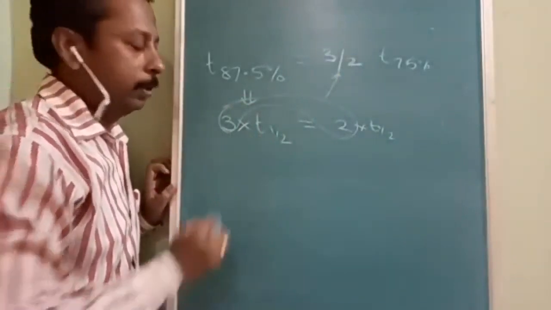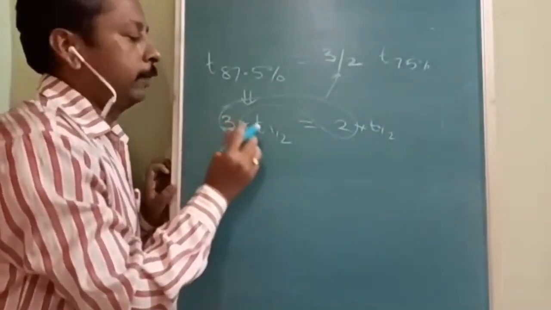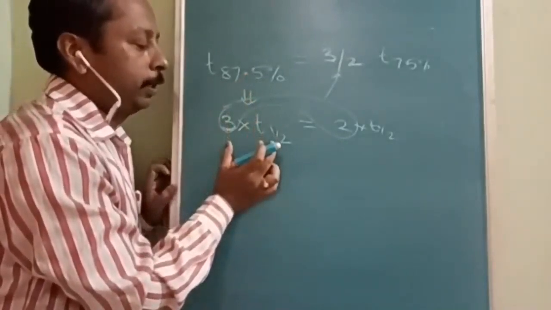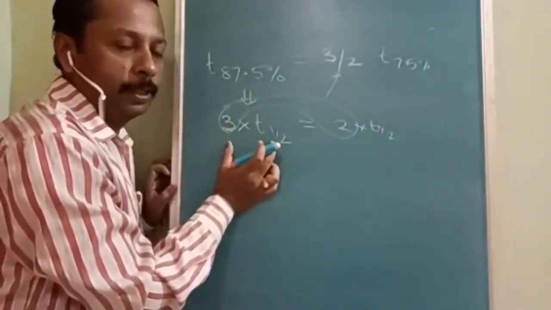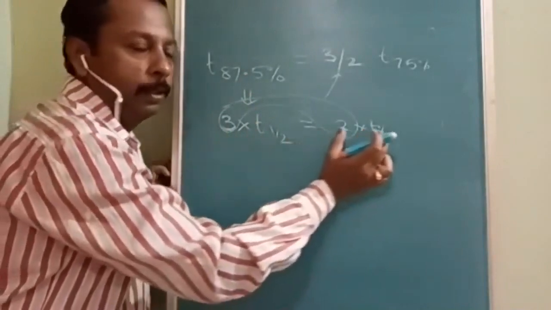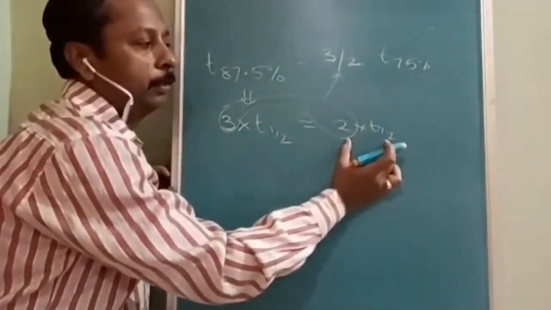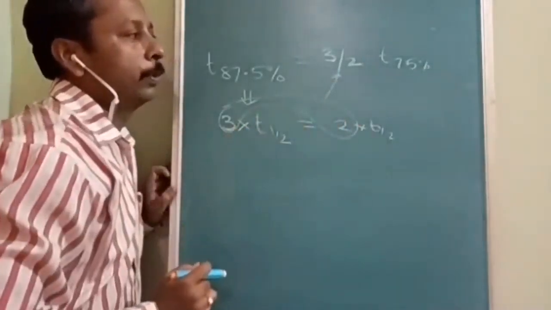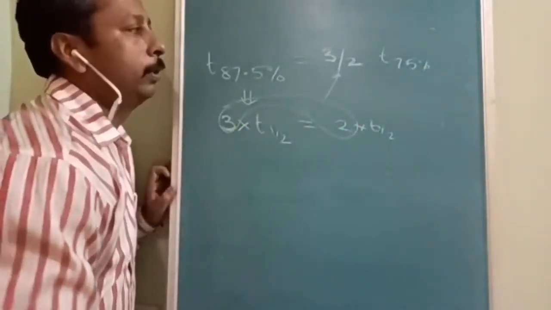Is it understood? So like this you can derive, because T87.5%, how it came, T is 3 times of T half, already I explained, and T75% is equal to how many times? 2. So when you get the ratio, then you will get it.